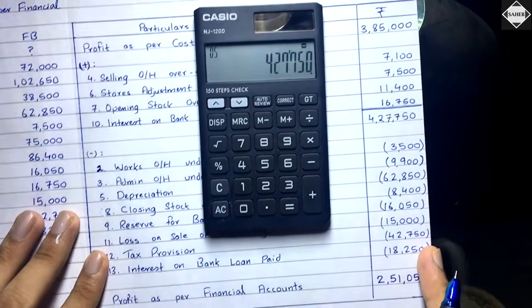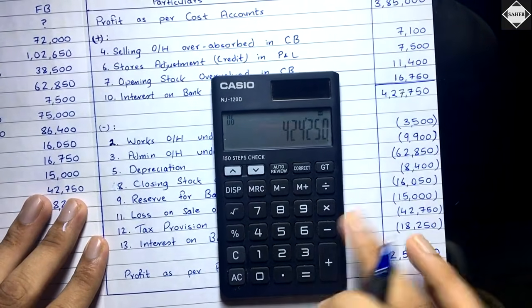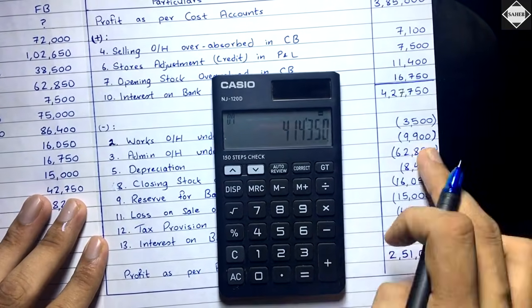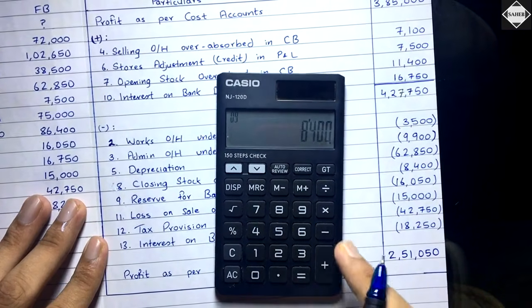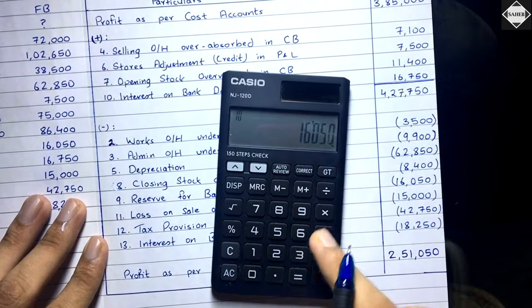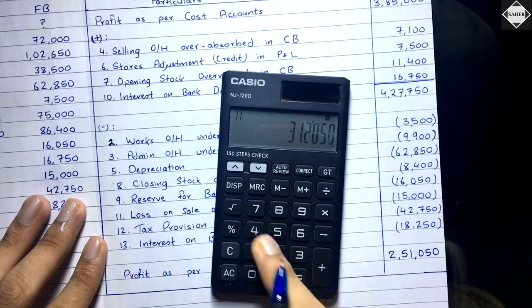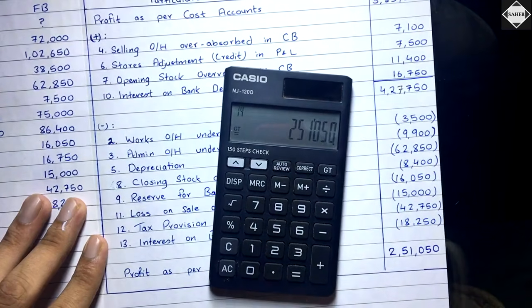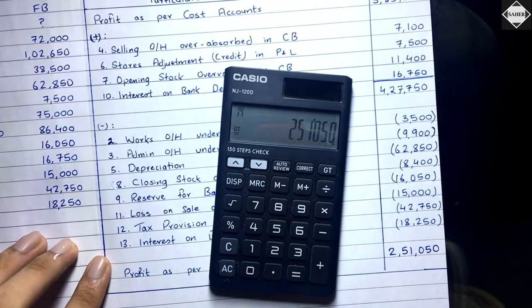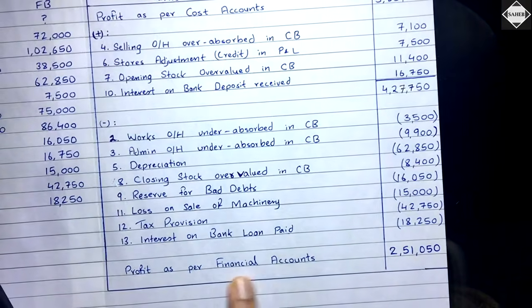Minus all these things: minus 3,500, minus 9,900, minus 62,850, minus 8,400, minus 16,050, minus 15,000, minus 42,750, minus 18,250. That's equal to 2,51,050. So here we have the financial profit, the profit as per financial accounts.